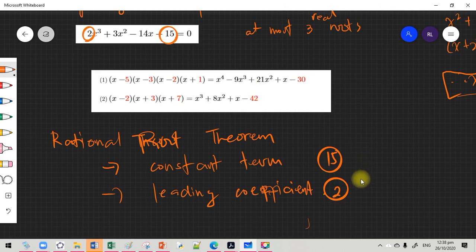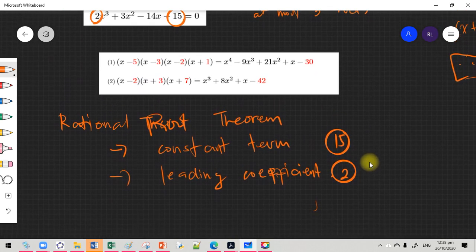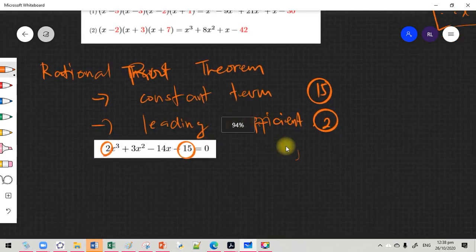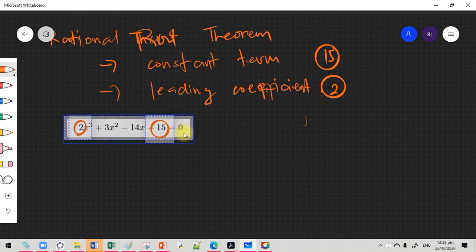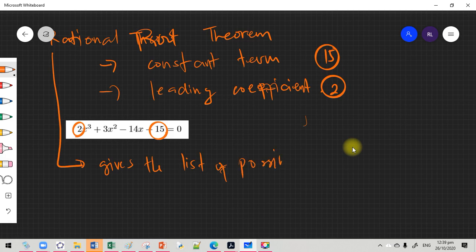The rational root theorem gives us the list of possible roots.